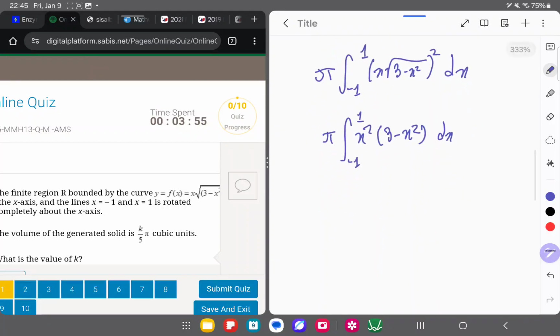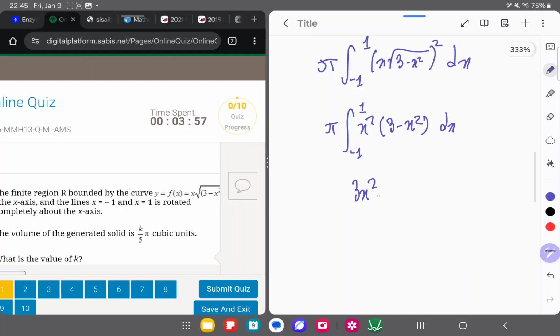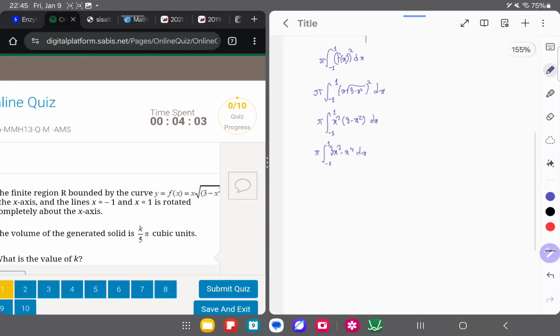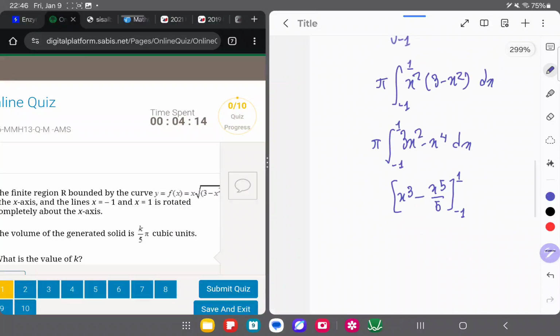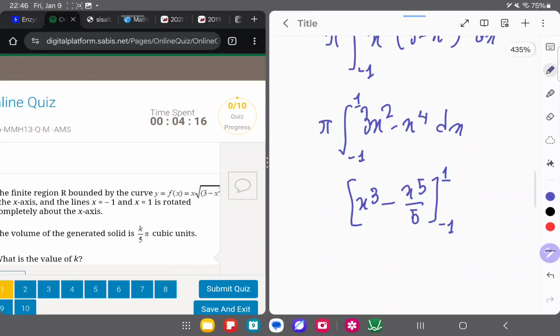And then I will distribute the x squared to get this. Now I'll integrate to get x to the power of 3 minus x to the power of 5 over 5. No need to apply the constant c, given that we're finding a definite integral, just this.